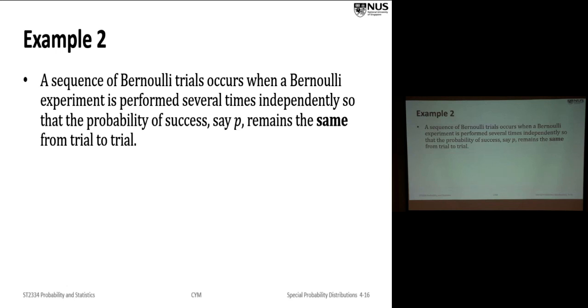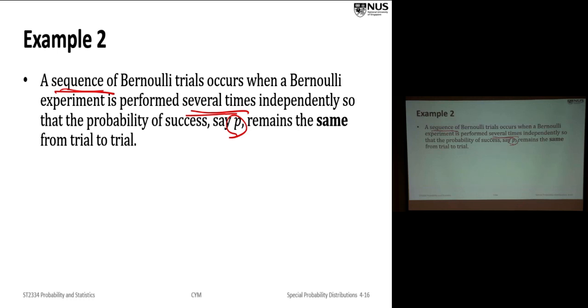So we take a sequence of quite a number of these Bernoulli experiments, several times, and they're independent, so that p remains the same. Now, this is very important. If you take out a ball and you don't put it back, then the next time the probability of success, getting a blue ball in this example, will be different.